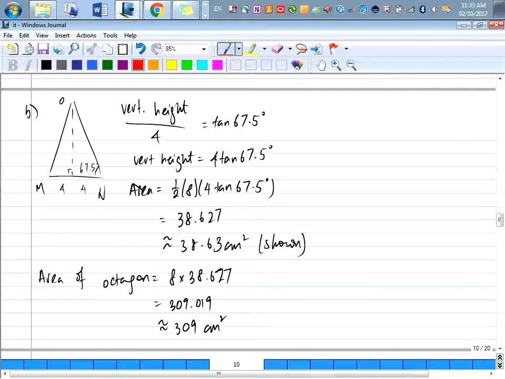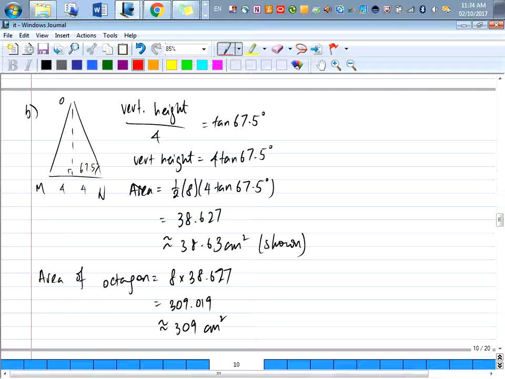But the problem with using half AB sine C is that you need to find the length of OM and ON. But they are the same now. So my suggestion, what I used was half times base times height.